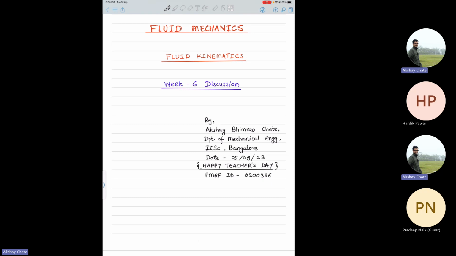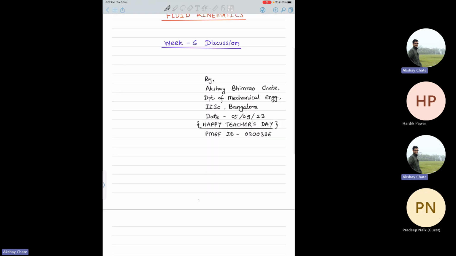In solid mechanics also, if you purely consider solid mechanics, you will not consider the mass effects of the body on parameters like velocity, acceleration. Here also in fluid mechanics, you study only those flow parameters which are independent of mass. So that is the first thing that should be clear, what is fluid kinematics.